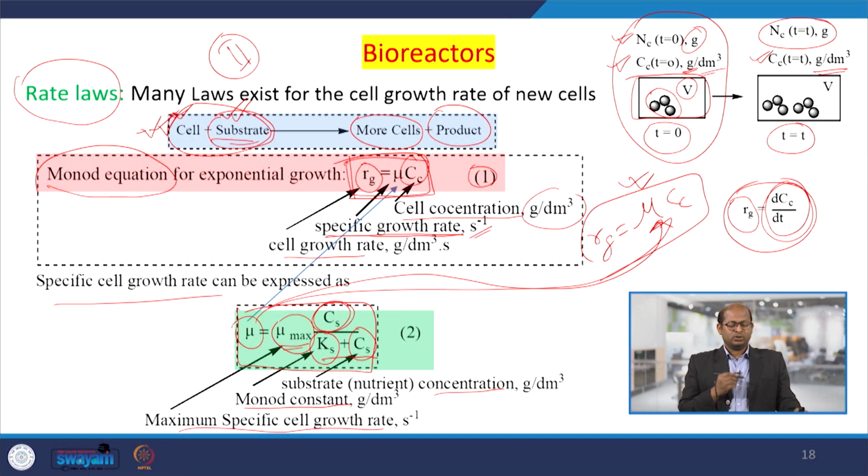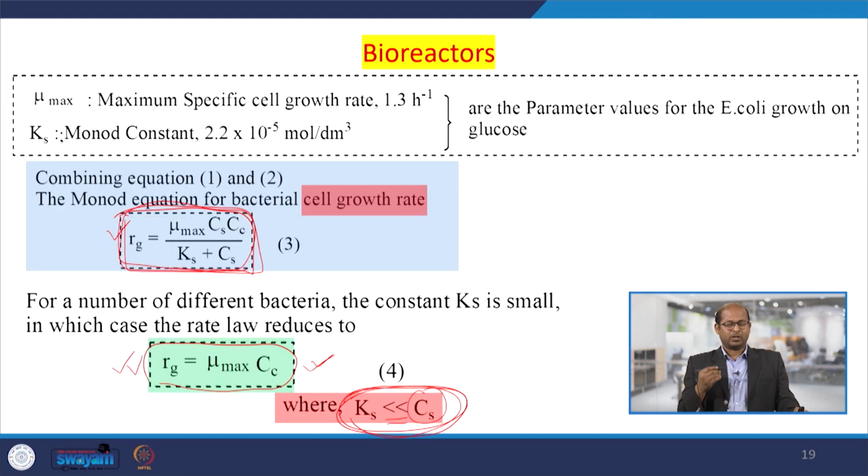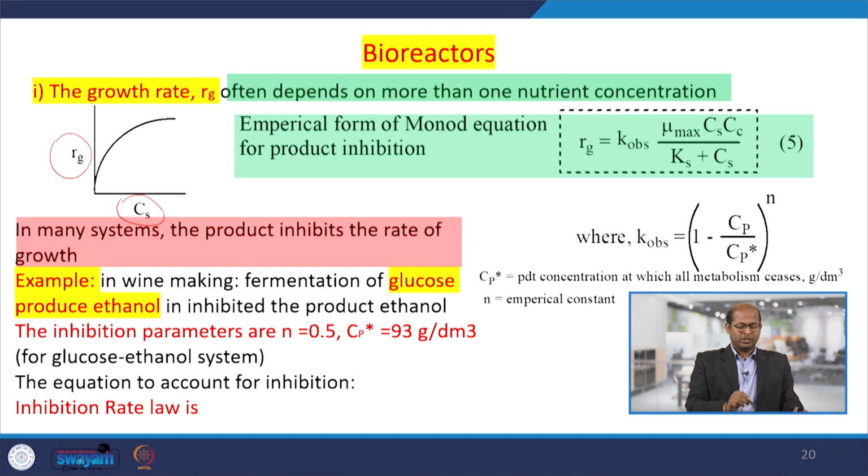So, the cell growth Rg that we are talking about depends not only on the cell concentration but on the nutrient concentrations, in those substrates. How many nutrients there are, we do not know. If there is more than one nutrient, the cell growth rate also depends on more than one nutrient concentration.